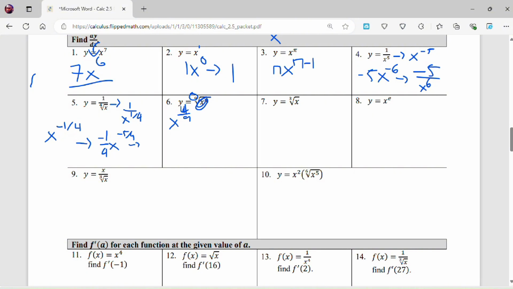Our 9 is on the outside, so it's going to be the denominator. Now we can use the power rule. So 4 over 9 goes to the front. X to the 4 over 9 minus 1 is going to give us negative 5 over 9. And then the final answer is 4 over 9 times x to the negative 5 over 9.